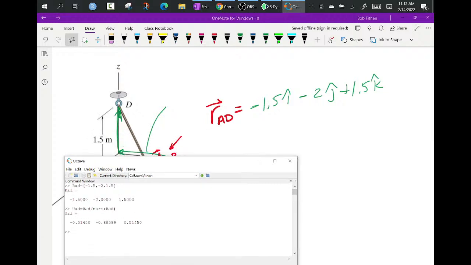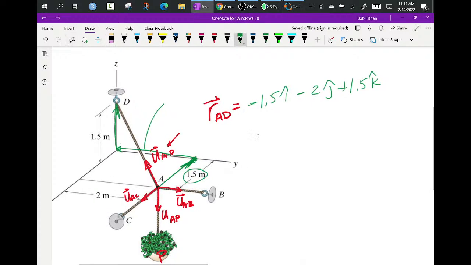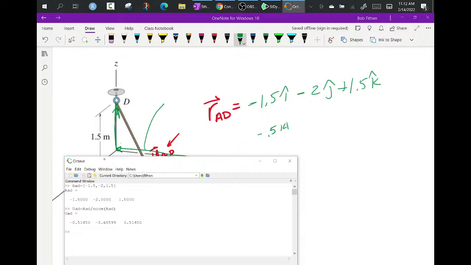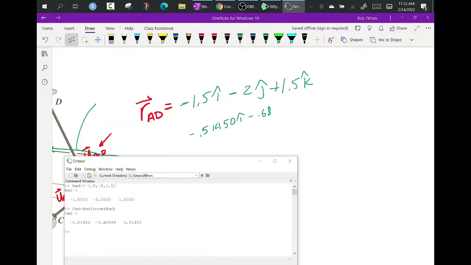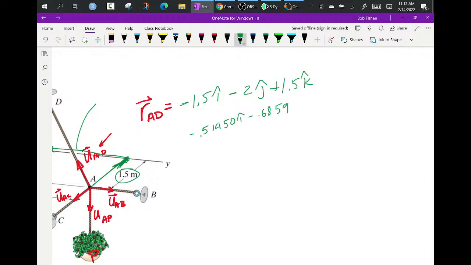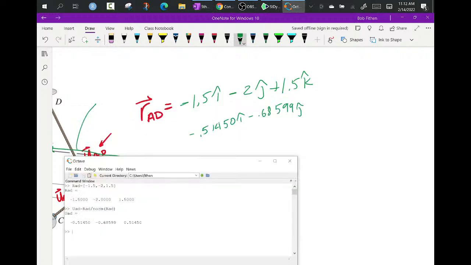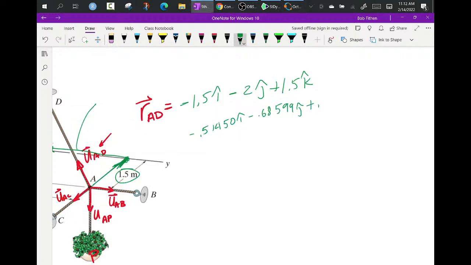So what I'll get, okay, I'm going to bounce back and forth here. Minus 0.51450 I, minus 0.68599 J, and then plus 0.51450 K.